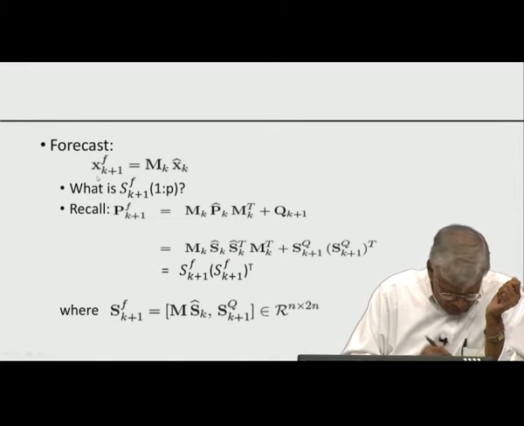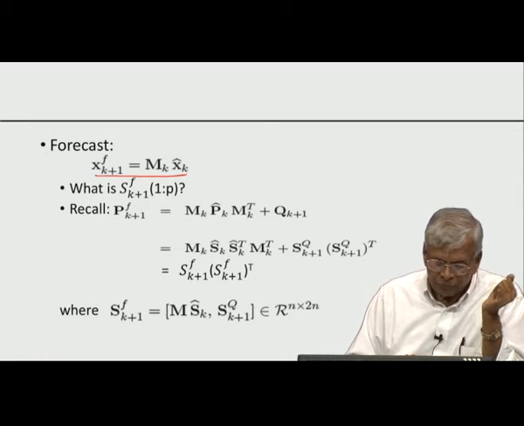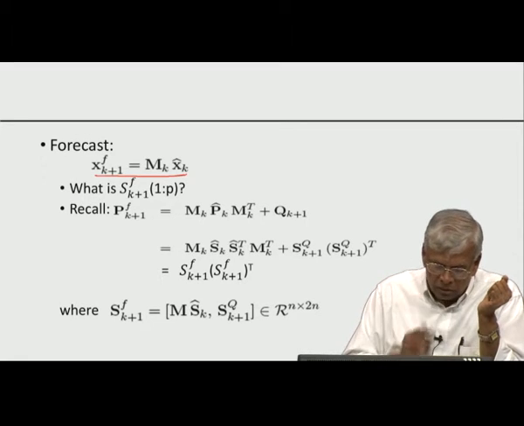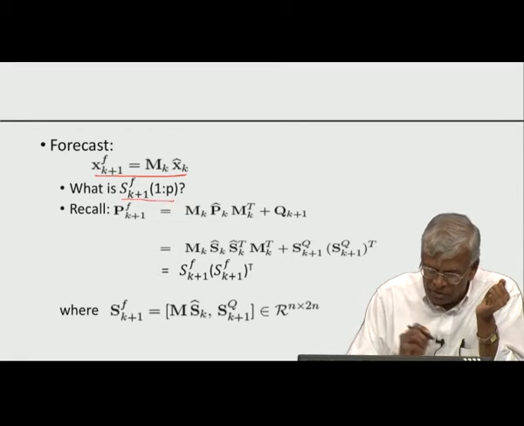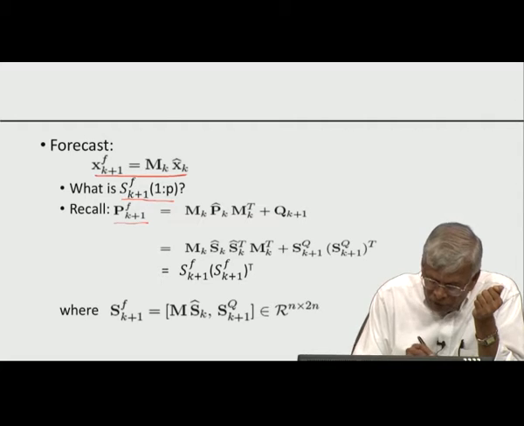So now I am going to create a forecast. So what is the forecast covariance? The forecast covariance 1 to p. I am now going to talk about an expression for this. This is the full rank forecast covariance.